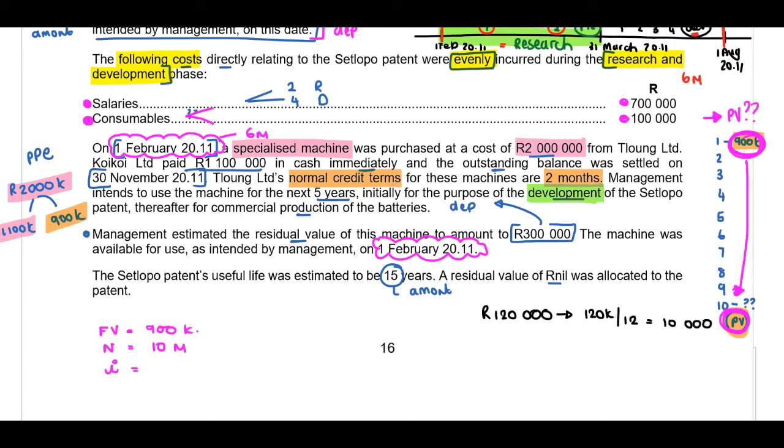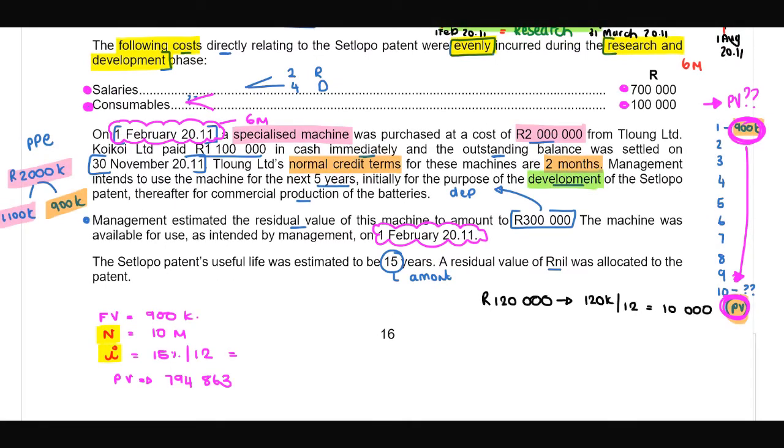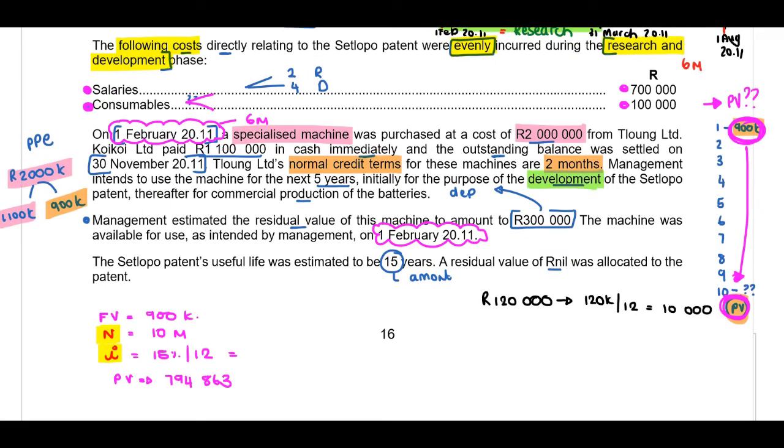Our rate will be pre-tax 15%, but with my shop, if my period is in months, my rate should be in months, and I'm able to determine my present value. Right, 794,863 plus 1.1 million.